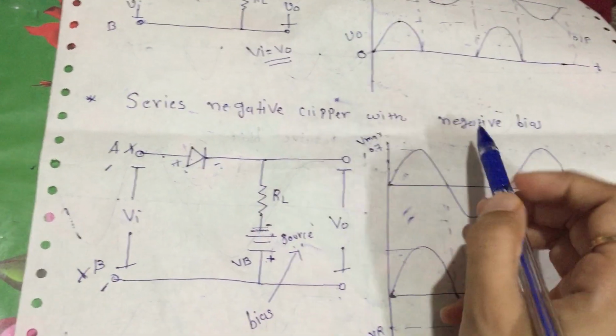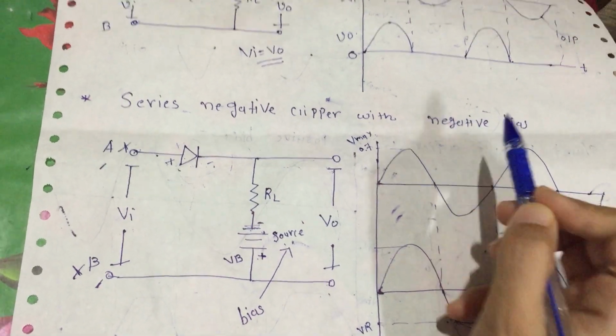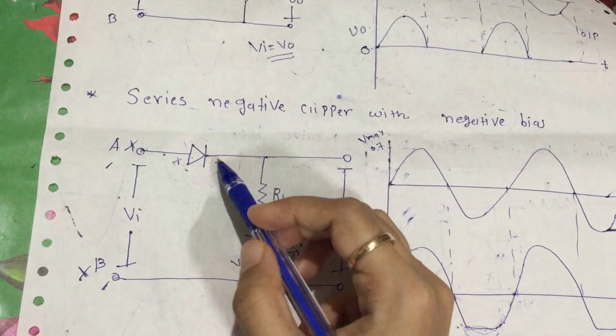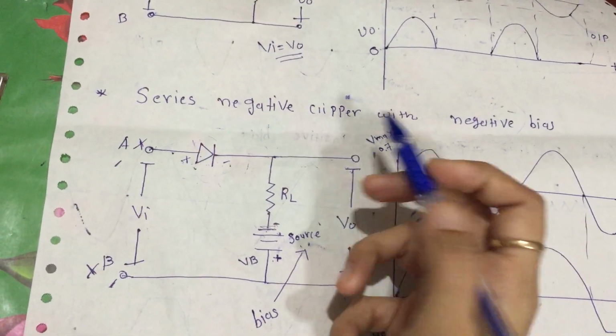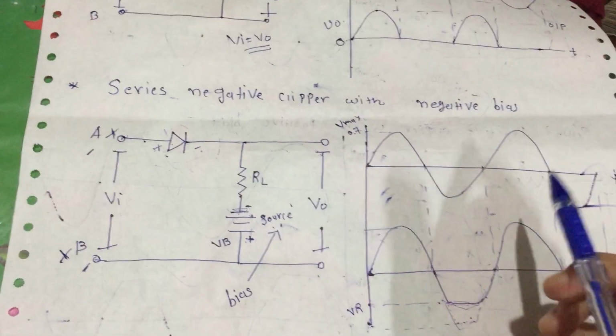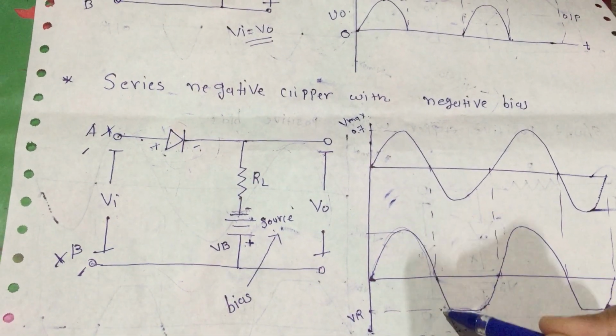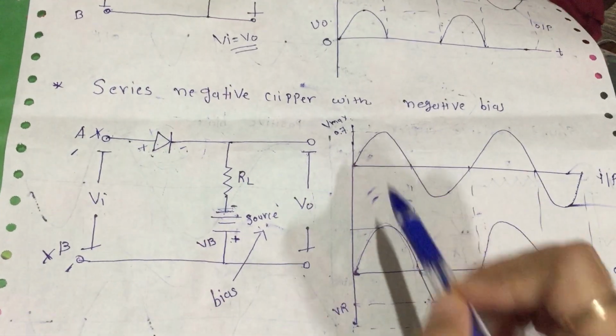That's why it's called negative bias. This is also forward biased, so the whole circuit is in forward bias, and we get the waveform as the input.